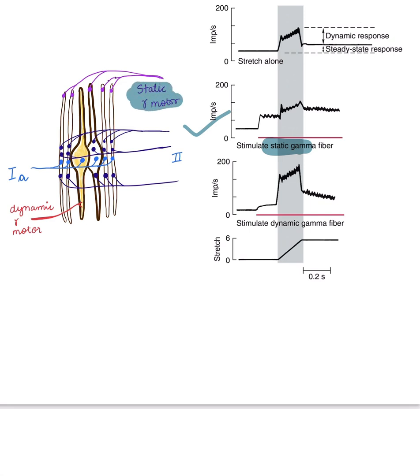So on stimulating, we are going to stimulate all these fibers. So in that way, the tonic activity will increase in 1A also and 2 types of fiber also.